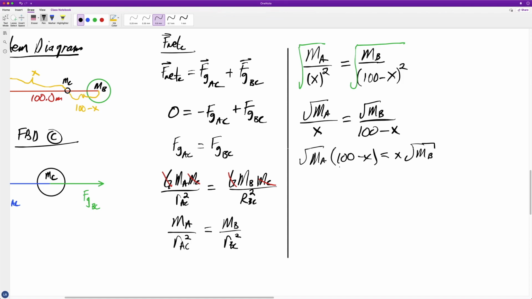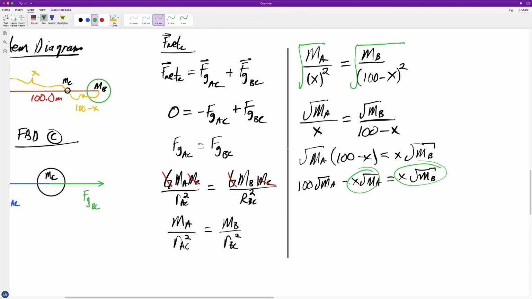When I use the distributive property, I take the square root of MA and distribute it across the two terms inside the bracket. So I get 100 square root MA minus x square root MA is equal to x square root MB. Now I have three terms in total, and the terms of concern are these two.